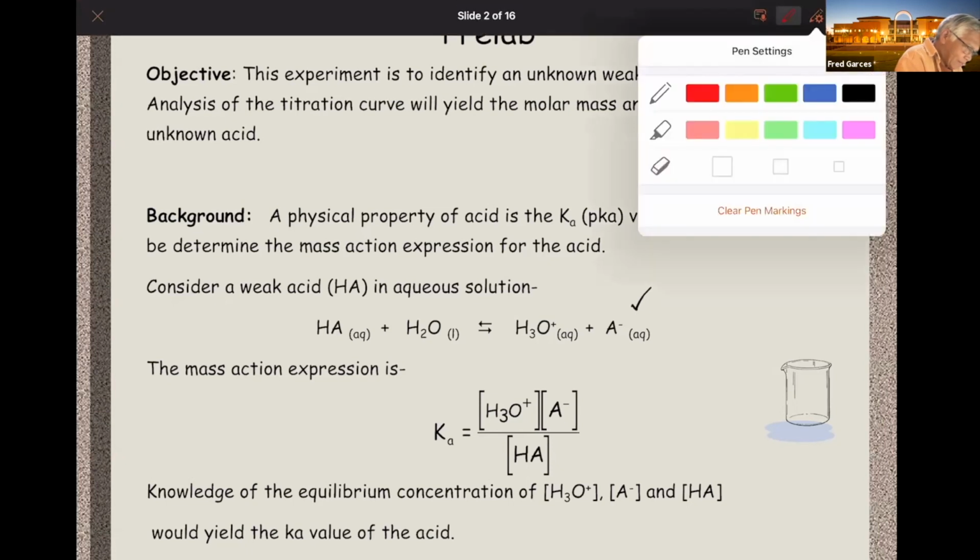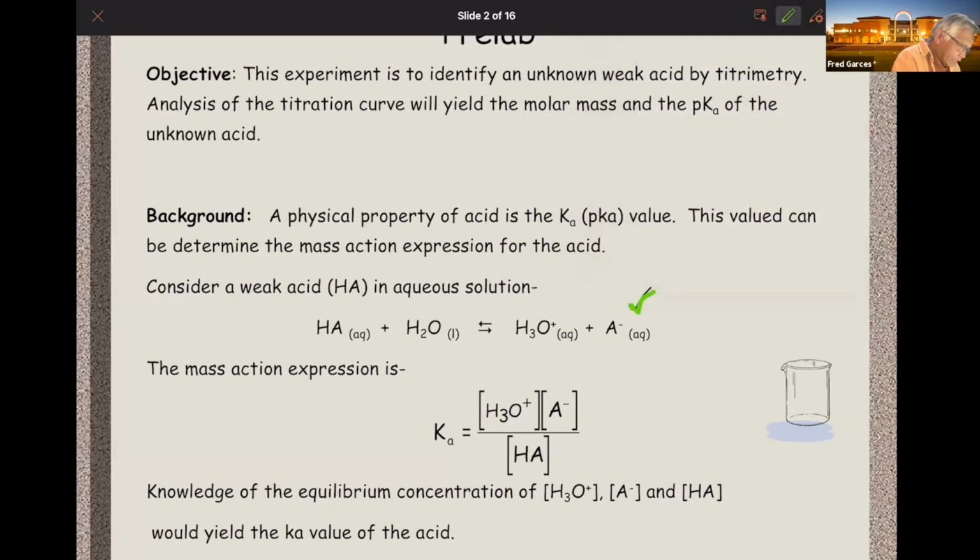So this is an example right here. This right here is a typical reaction of an acid in water. An acid in water will dissociate. Why? Because it's an electrolyte. Electrolytes by their nature are going to dissociate. If you have a non-electrolyte, then it's not going to dissociate. It's not going to form ions.